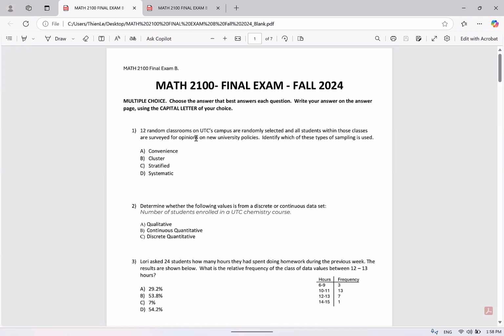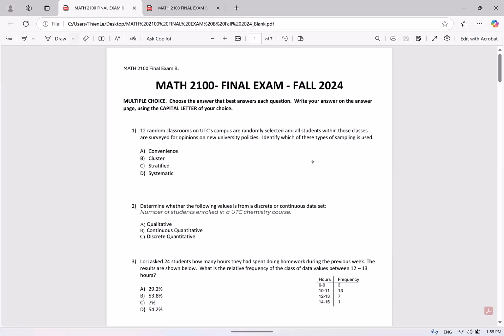12 random classrooms on the UTC campus are randomly selected, and all students within those classes are surveyed for opinions on a new university policy. So here we look at what is the type of sampling. If you recall the types of sampling, we have so many classrooms, but we just randomly choose 12 of them.